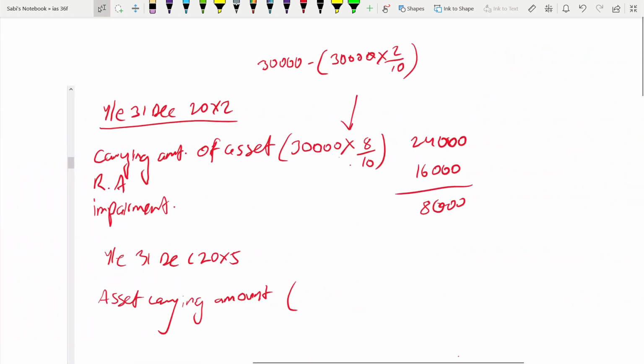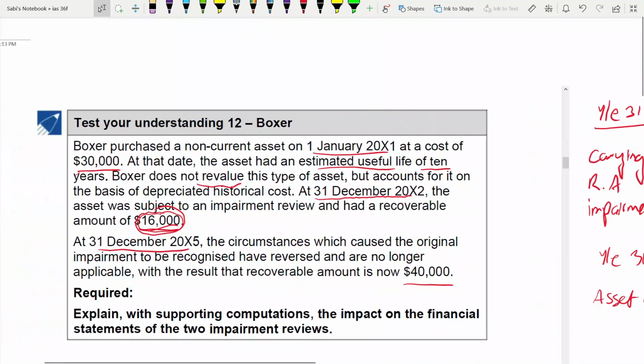So it will be 16,000 into, when you're coming to 2005, it will be 8 years. Understand this. From 1st of Jan 2001, the useful life was 10 years.